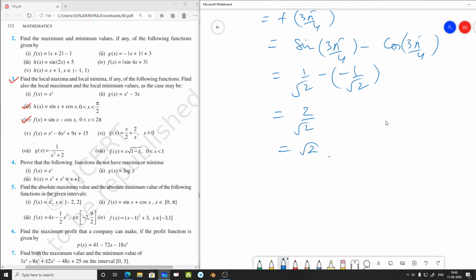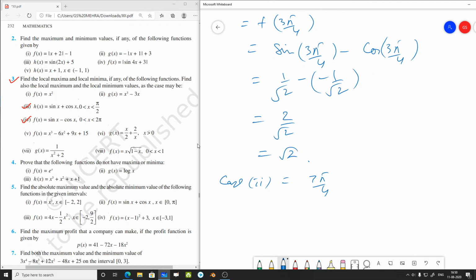Now in the same way, let us check case 2, which is when x = 7π/4. We have f''(x) = −sin x + cos x.